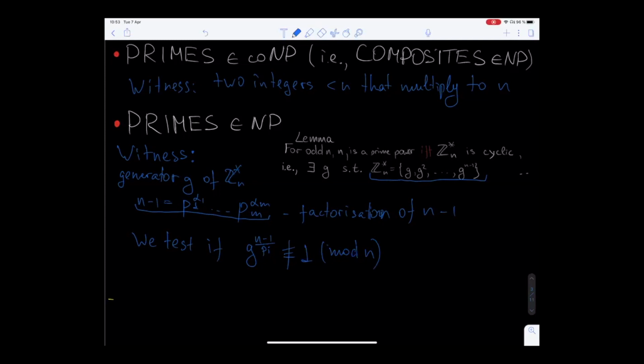that G actually generates the Zn star, and then to check this, don't you also need to check that G to n-1 is 1? Well, n-1 is not necessarily the order of the multiplicative group. Yes, sure, but this is a technicality.